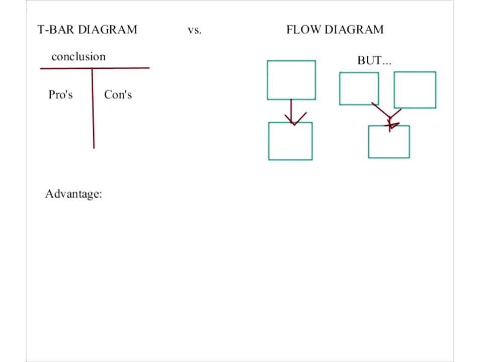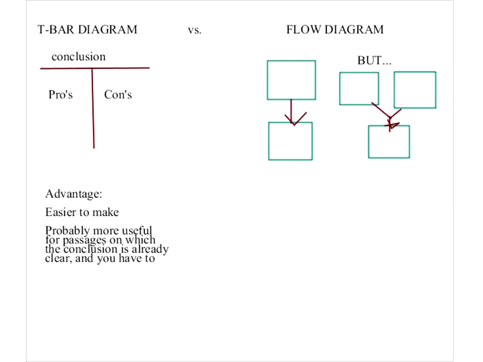The advantage of the T-bar diagram is that it's usually easier to make, and it's probably more useful for passages in which the conclusion is already clear and you have to use pros and cons, such as strengthen and weaken.